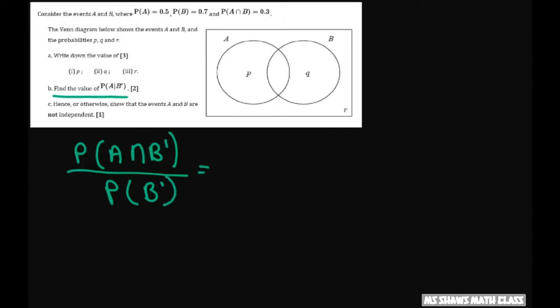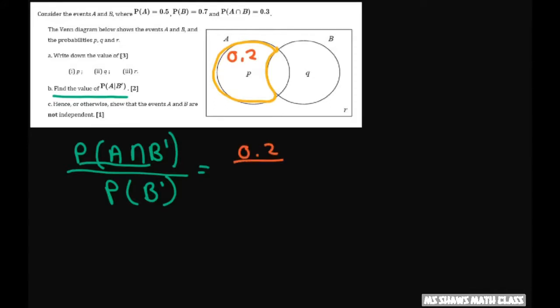So probability of A but not B is this part. So it's just this part right here. We can't use anything else. And P was 0.2. So that goes in your numerator.